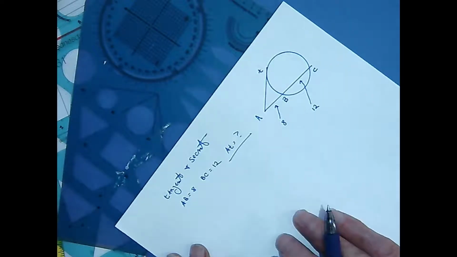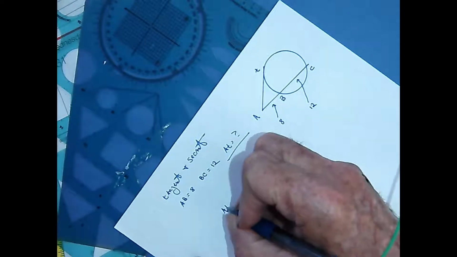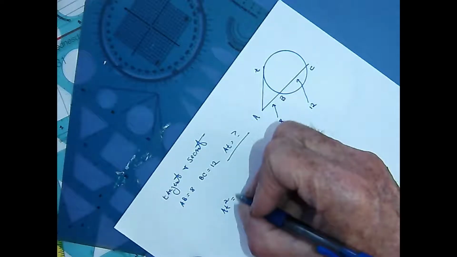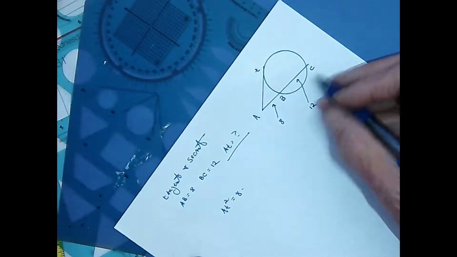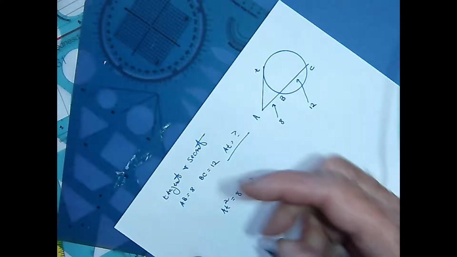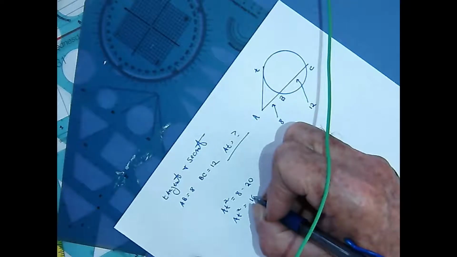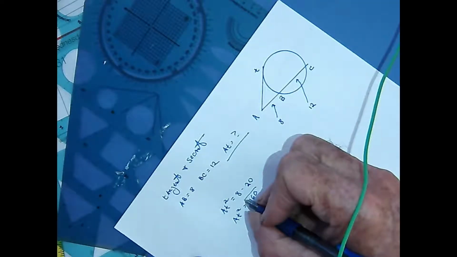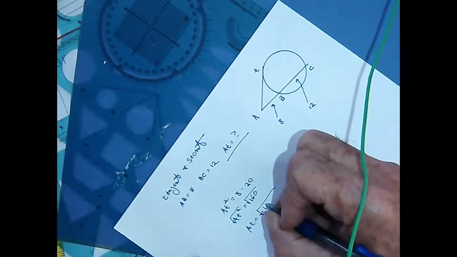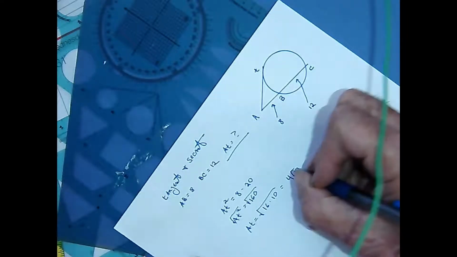I know there are similar triangles here, but what I really want to remember is the tangent squared is equal to the exterior part 8 times the full length 20. That's all I got to solve, is that little trick right there. So AT squared is going to equal 160. Take the square root of both sides, and AT itself, well, what do you know about that? It is 16 times 10, huh? So I have to call that 4 times the square root of 10.